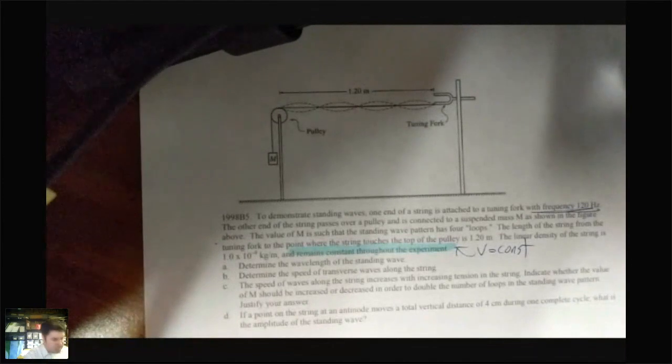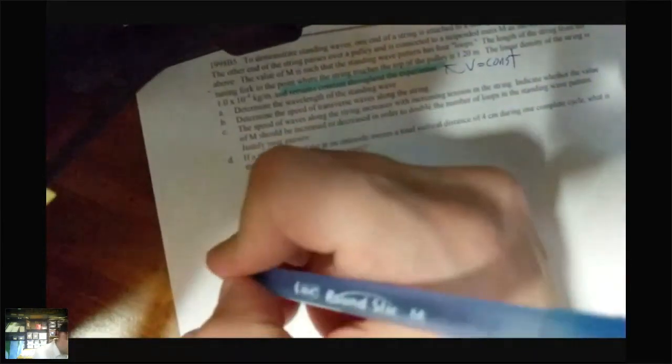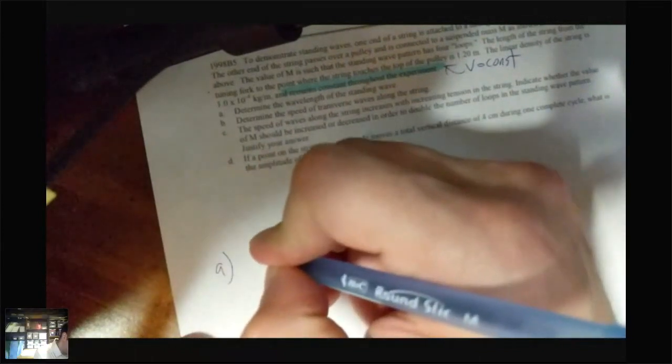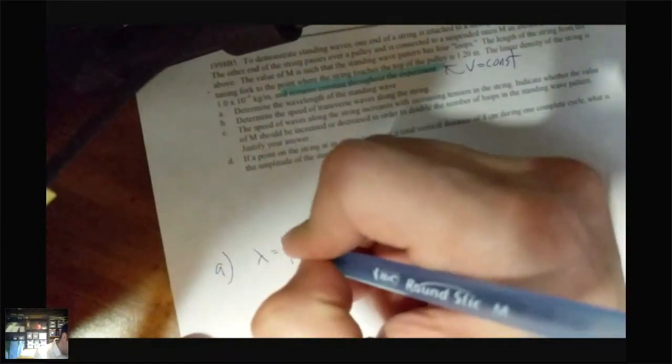Okay, so for this, I may want to run to my reference tables and say, oh, I remember the equation, right? Lambda equals V over F. So I know what F is. F was told to us, it's 120, and I can find the wavelength from that. Well, not really. We don't know what V is.